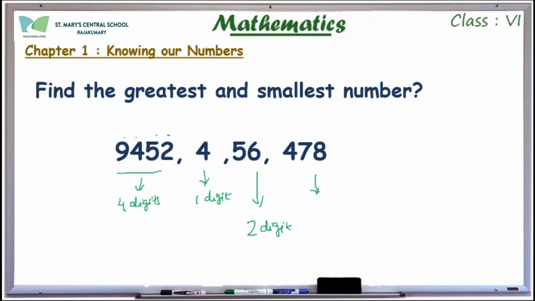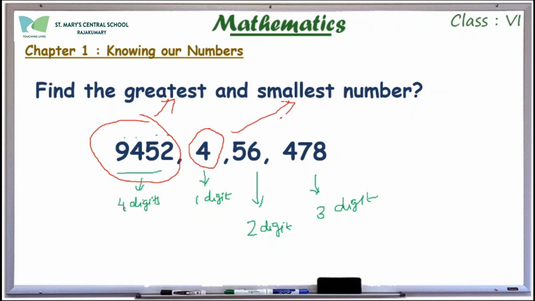And this fourth number 472 have 3 digits. So the greatest number among these is 9452 and the smallest number is 4. So because this is 4 digit and this is only 1 digit.